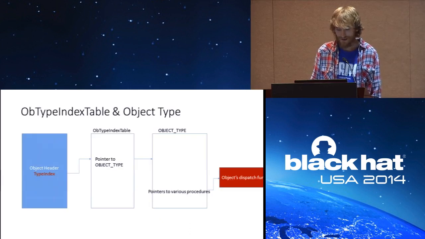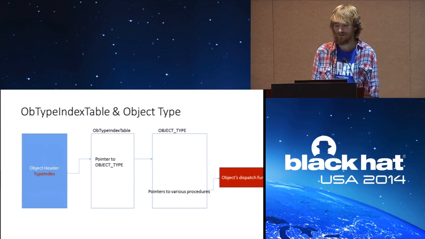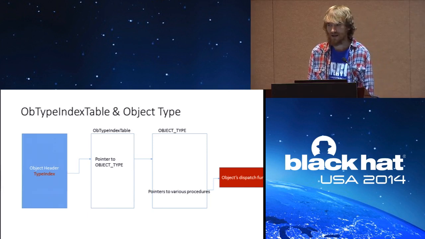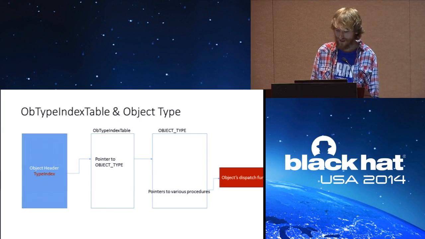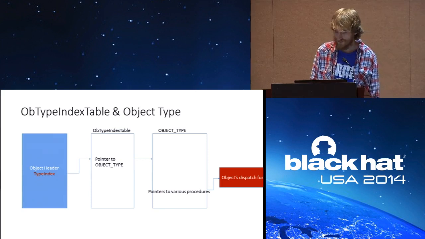The thing is that if you are, for example, closing an object, depending on the type of object, the object manager will call a specific routine to close the object, to delete the dynamic memory that was allocated when the object was created. So basically it looks like that. There is a type index, there is an array of pointers to the real object types, and the object type contains a function pointer that will be called.